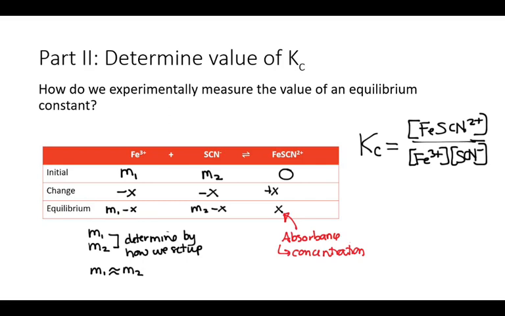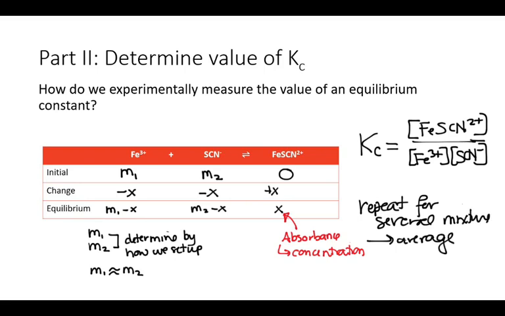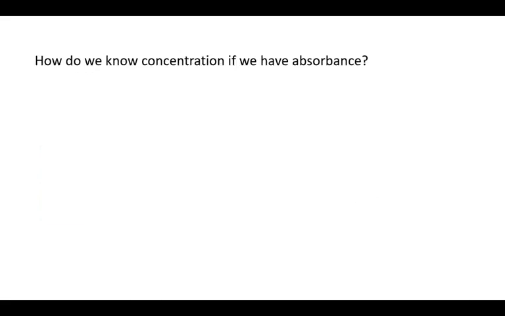We're going to repeat for several mixtures, and then find the average. What's nice about the average is that it will help to cancel out some of the random errors that might occur in each individual measurement. Okay, so we're going to measure the absorbance of the iron thiocyanate.